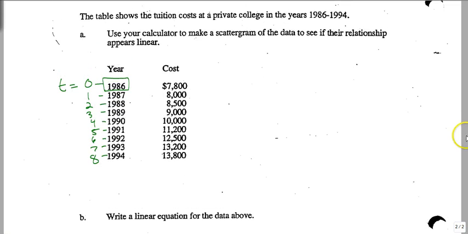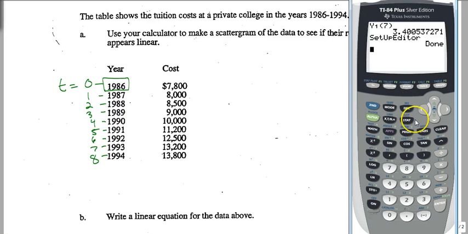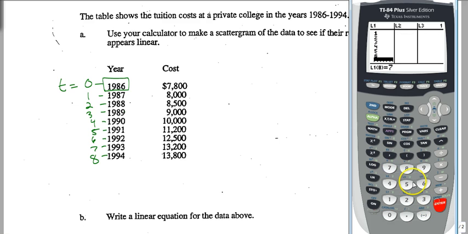Alright, well let's plug in this information. Bring your calculator up. Let's go to stat, let's go to edit, and let's start typing in our data. Again, it's good that you practice this. There is a problem on the quiz, on the test, on the final. You pretty much need to do all this, so it's good to know how to do the calculator.